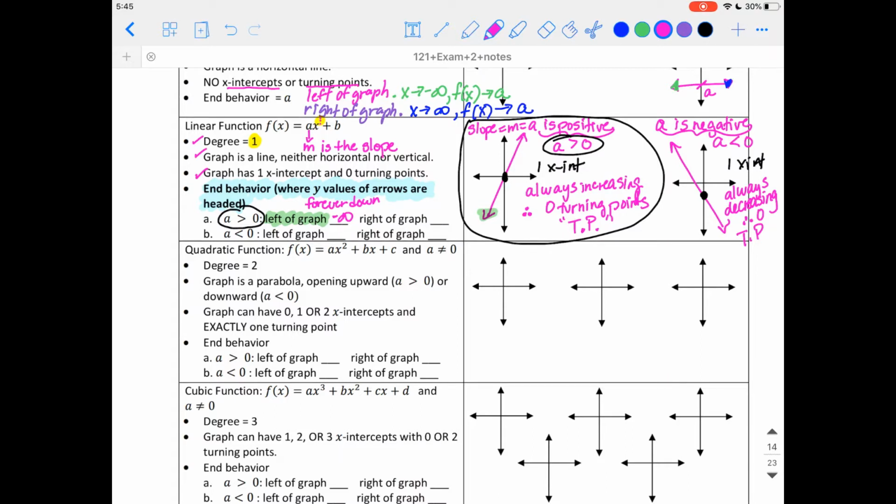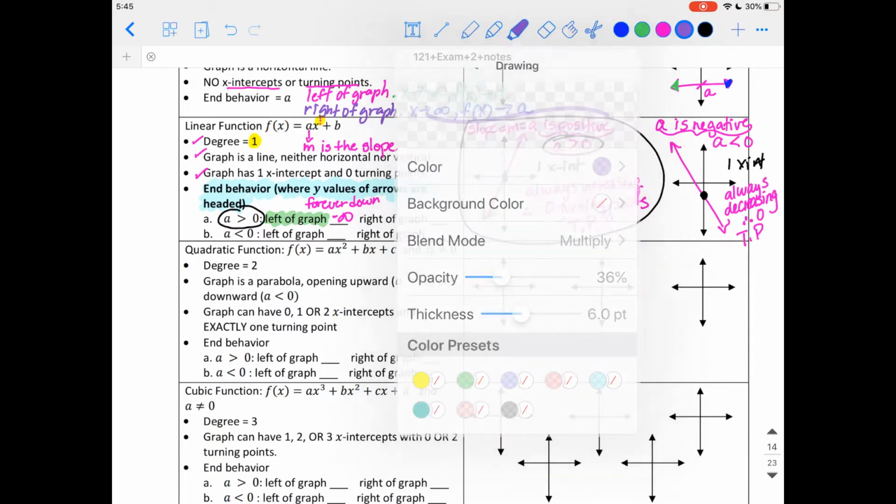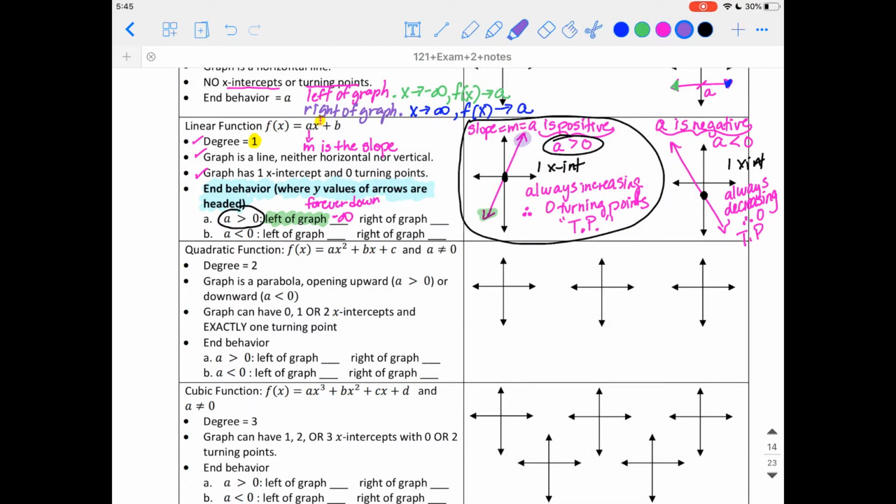And the right of the graph is going to be this part of the graph, going forever up. Again, I'm talking about down and up because they're the y values. So this is forever up, and this is going to be infinity.